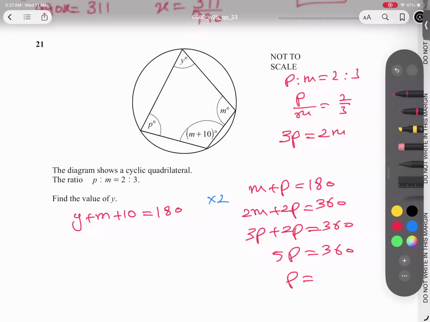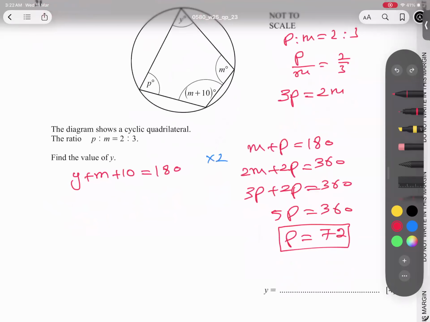5 sevens are 35, and 2 times. So I think the point is very clear, and we got the p value 72 in quick time. If I plug this value in here, I can get the m value easily. But he was asking for y, so it depends upon m.